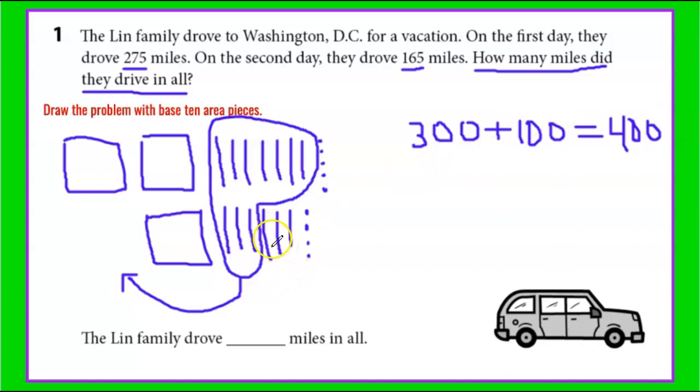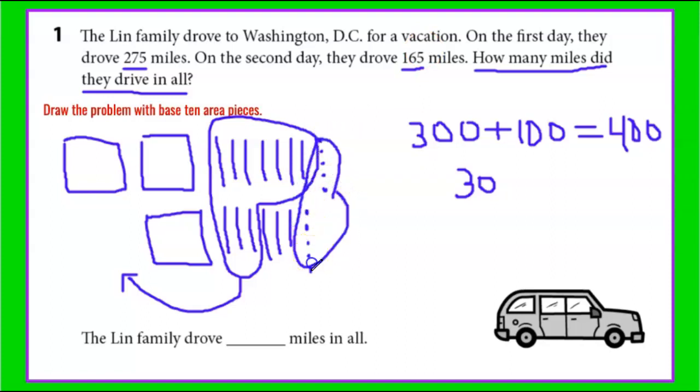Now I'll count my tens. I see that I have 1, 2, 3 tens, and if I have 3 tens, I actually have 30. So I have 30 there, and then I can count my ones. Well, I already know that I have 5 at the end of each number, and 5 doubled makes 10. So I'm going to circle all of my ones.